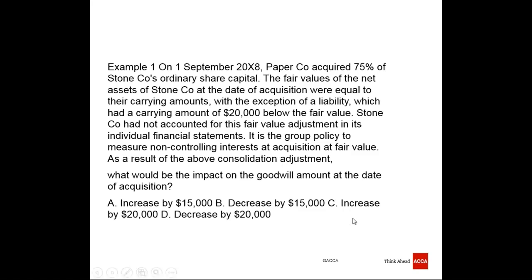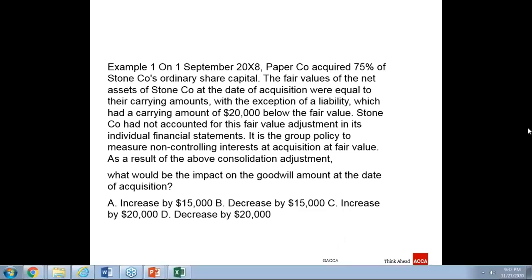Is it A, B, C, or D? The right answer is C.